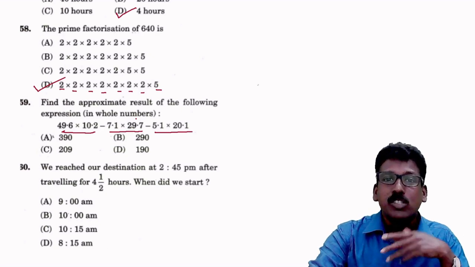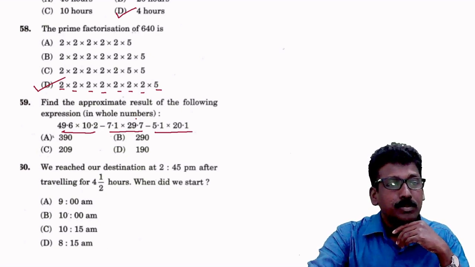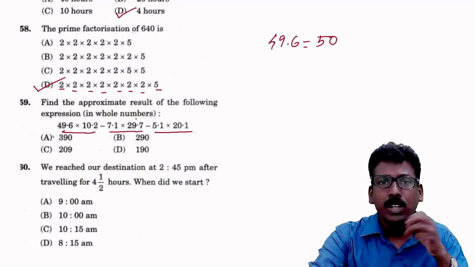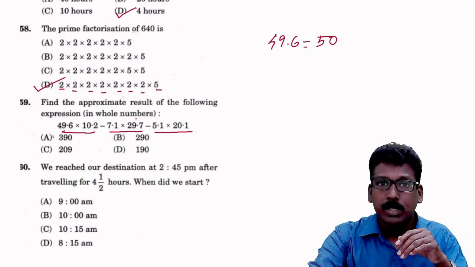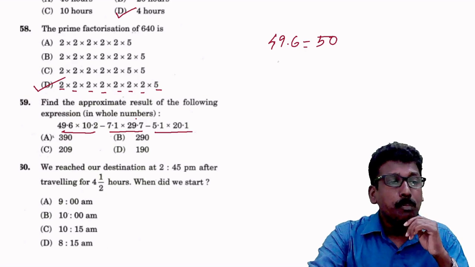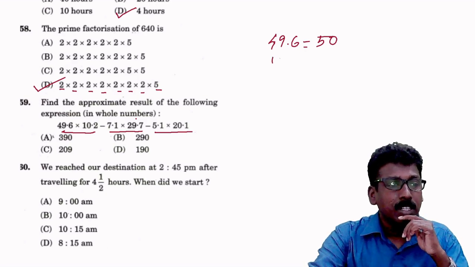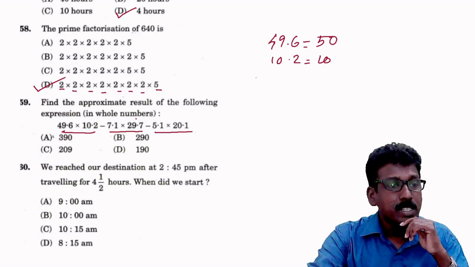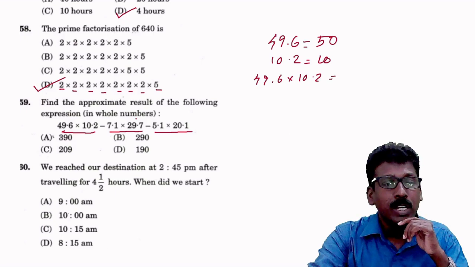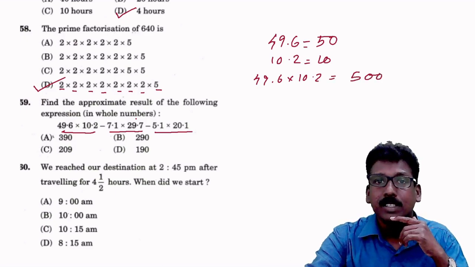Here you can take approximate values. 49.6 is approximately equal to 50. If 0.5 or greater than 0.5, you can take the next number. Then 10.2, you can take it as 10 itself. Now multiply this. The approximate answer will be 500.